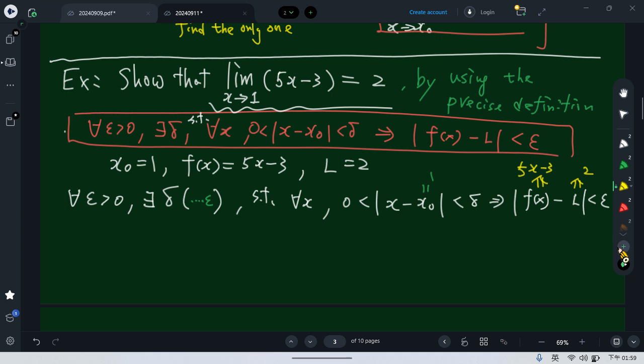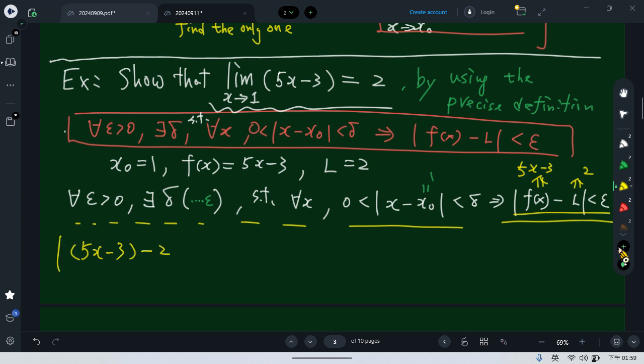Based on this, I expect blah blah blah here, then this will hold, right? So that means the absolute value of 5x minus 3 minus 2 should be less than epsilon, right?